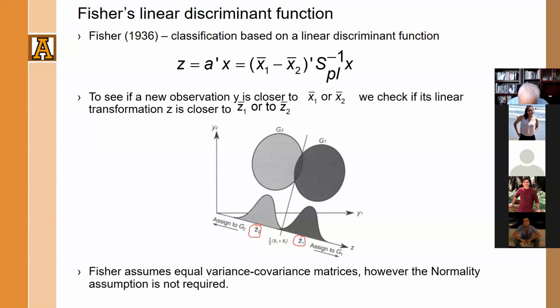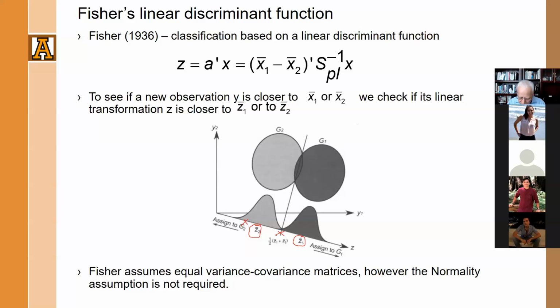If Z0 falls here, I will assign it to population 1 because it's closer to Z bar 1 than Z bar 2. If a new observation falls here, I toss a coin. It doesn't matter which group I assign it.